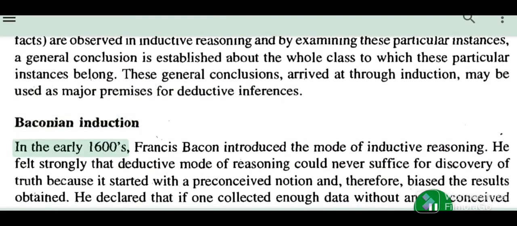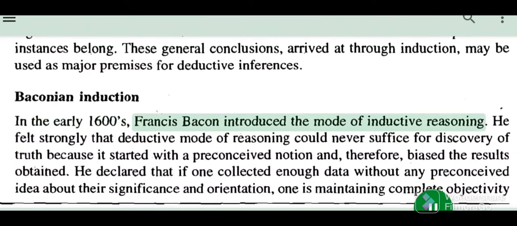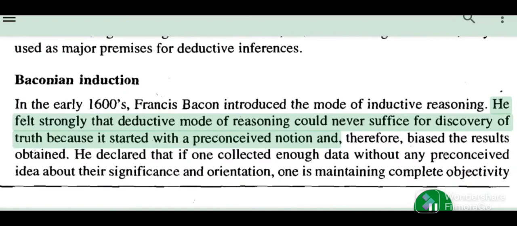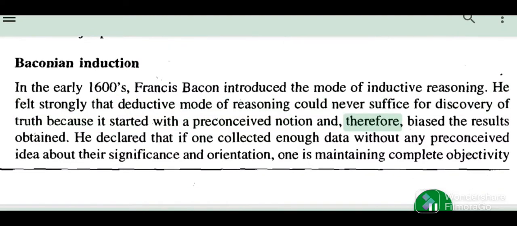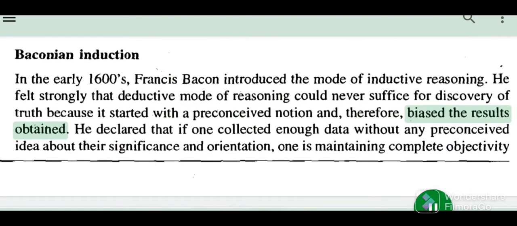Baconian induction. In the early 1600s, Francis Bacon introduced the mode of inductive reasoning. He felt strongly that the deductive mode of reasoning could never suffice for discovery of truth because it started with a preconceived notion and, therefore, biased the results obtained.